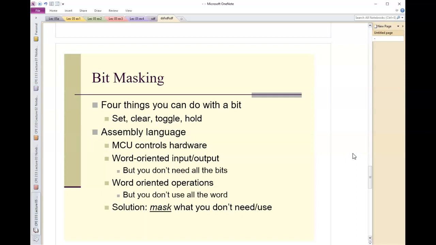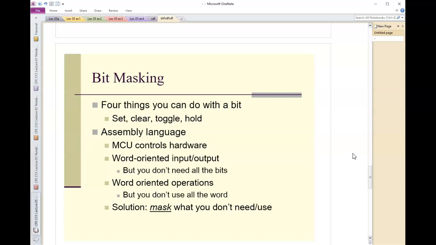Okay, so the idea, if I have a single button that the microcontroller is monitoring, I can only input chunks of data at a time. So I have to input a whole big chunk of data, and then I have to mask the data to get at the button I'm interested in. So a lot of the operations, or all of the operations in a microcontroller, are byte oriented or word oriented.